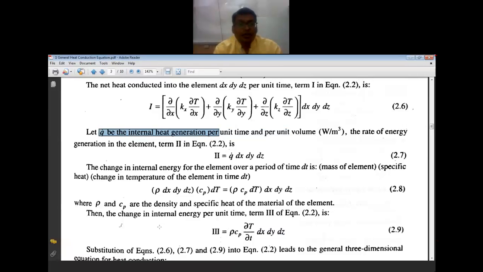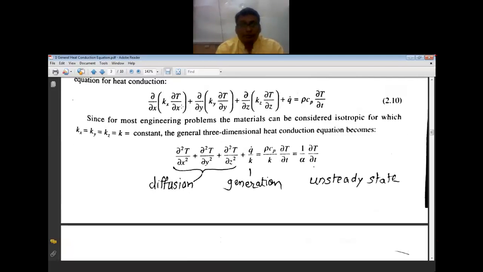The third, the change in the internal energy per unit time. Out of these we have cancelled dx, dy, dz, and multiplied by K, the thermal conductivity. K is here, so Kx, Ky and Kz are there.